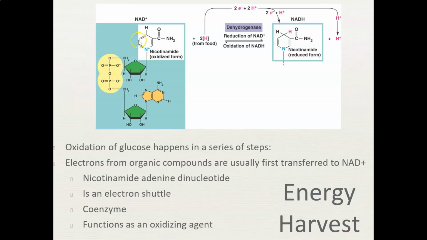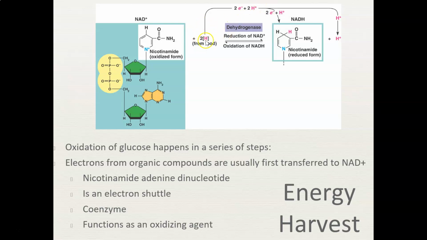So what we're going to do is take this crazy looking molecule here. This is that NAD+, and it's got that plus sign right here. We're going to pull off hydrogens from the food that you're consuming. We're going to look at it mainly as glucose, but we can pull it off of amino acids, and off of fats as well.